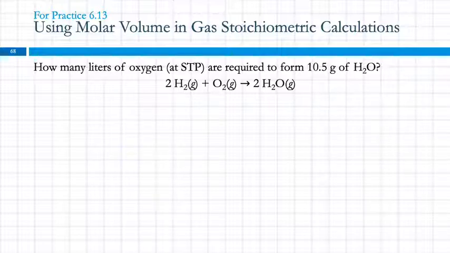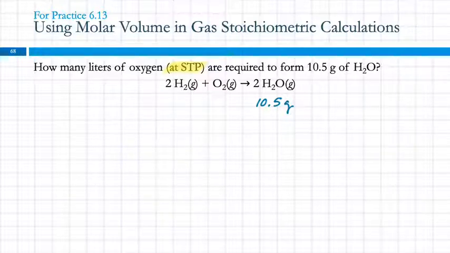So here's one at STP. How many liters of oxygen at STP are required to form 10.5 grams of water? So water, 10.5 grams. And the water is a gas there, but we're given the mass, and so we can just use that.